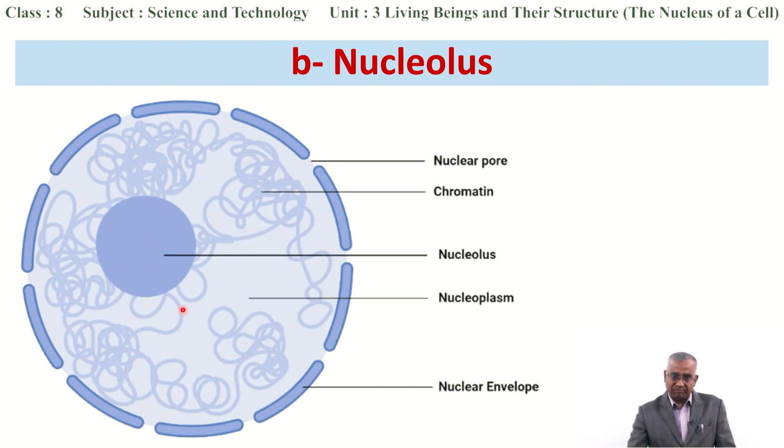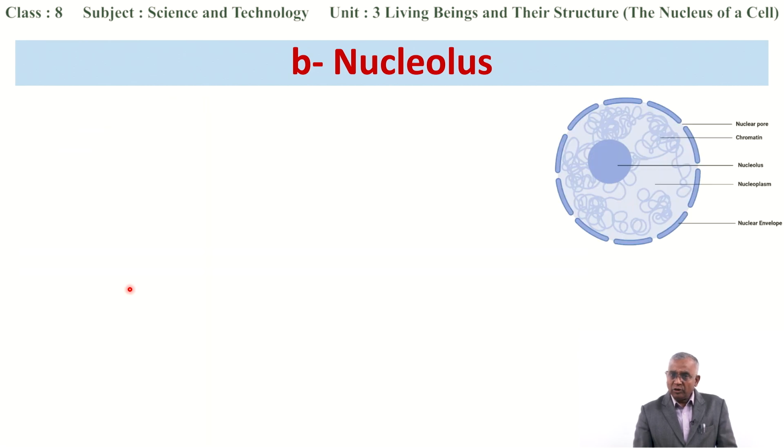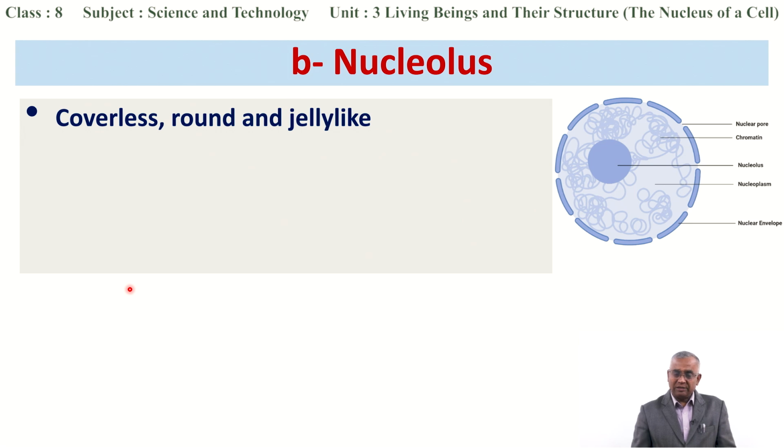Okay. Now the next structure is the nucleolus. So that is the nucleolus. Yes. So, the nucleolus is a round structure inside the nucleus. Yes. What is its major feature? It is coverless. It has no cover, a round and jelly-like, just thick fluid inside the nucleoplasm.